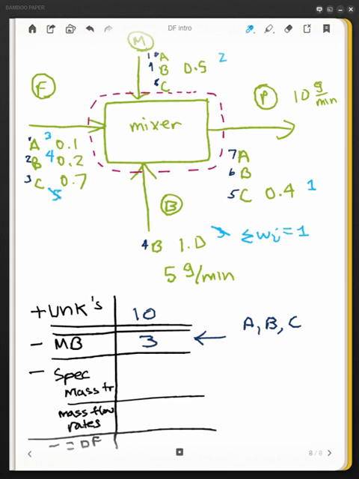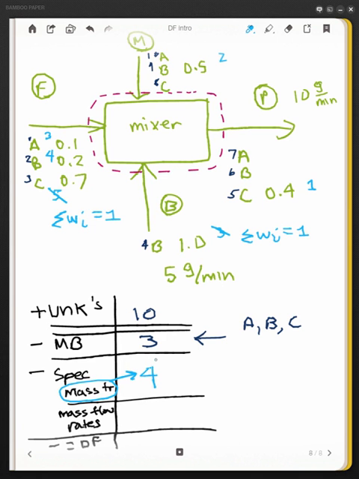No, that does not count as independent, because remember, the sum of the mass fractions is equal to 1. And if we have 3 components in a stream, and we know that 2 of them have a mass fraction combined of 0.3, we know the last one has to be 0.7. So that is not independent. So basically, we have 4 pieces of information there in terms of mass fractions.